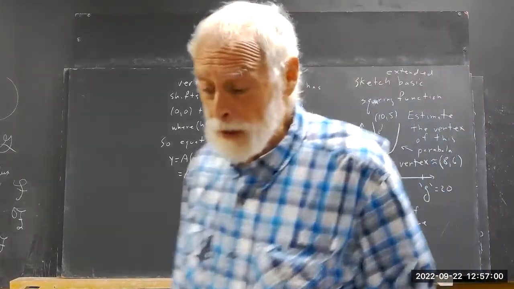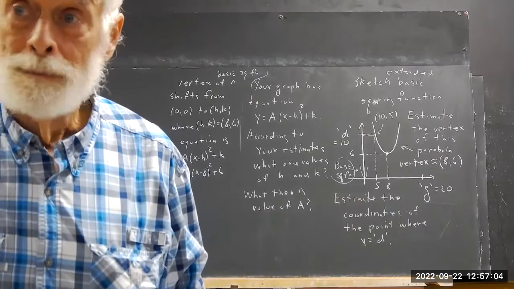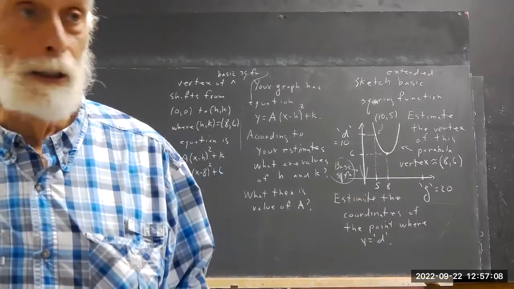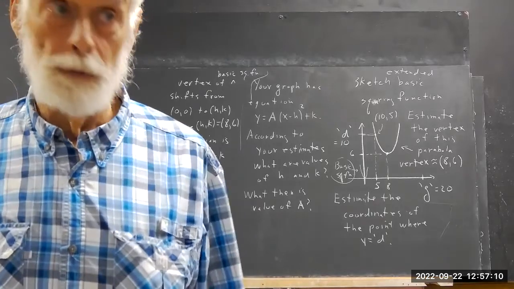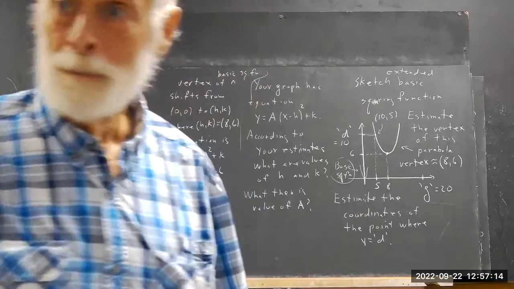But I saw a lot of places where people had the h and the k right, but didn't get the a. So a lot of people were pretty good at estimating h and k. So I went through and gave half credit for that. And I'll try to do the same thing.